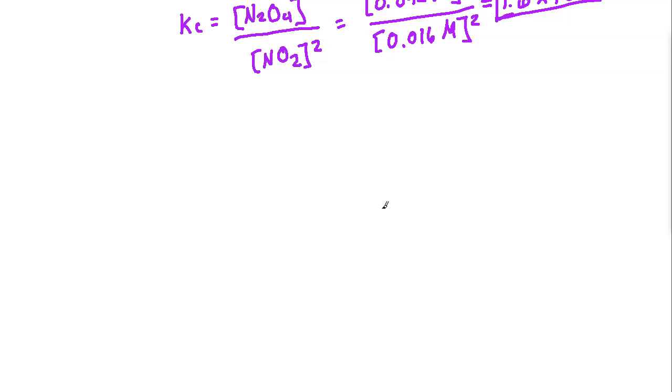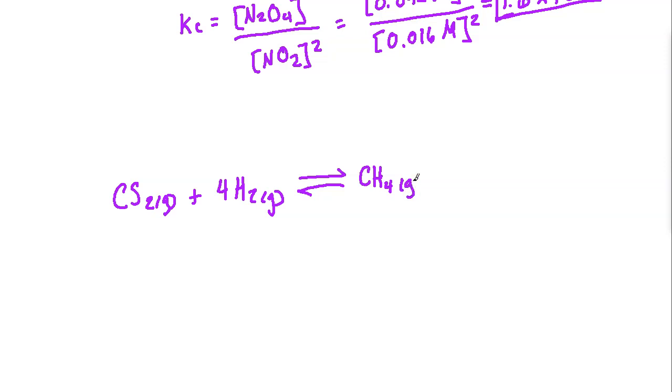All right, now the other question is, let's relate Kp to Kc. So this next question says we have the following: carbon disulfide as a gas plus 4 H2 gas, and this is in equilibrium with methane, which is CH4 gas, plus 2 H2S gas.